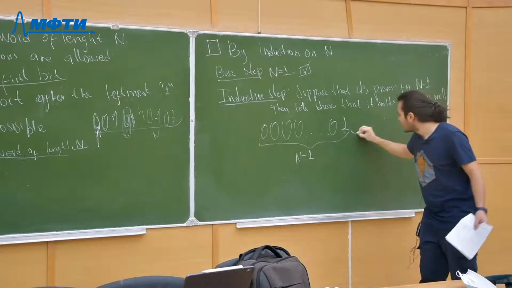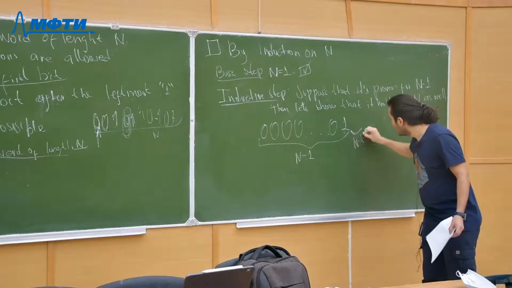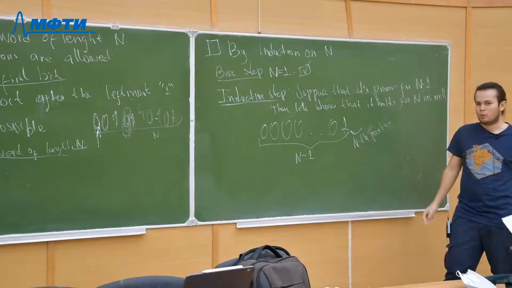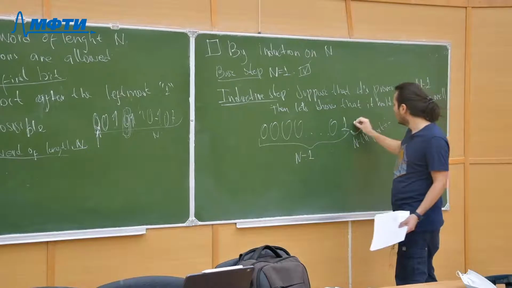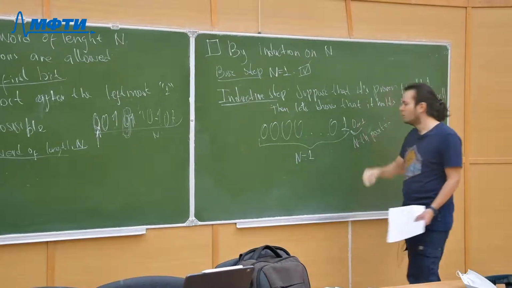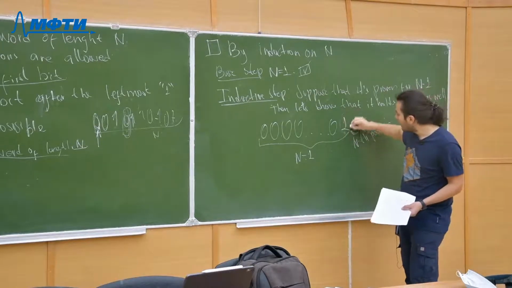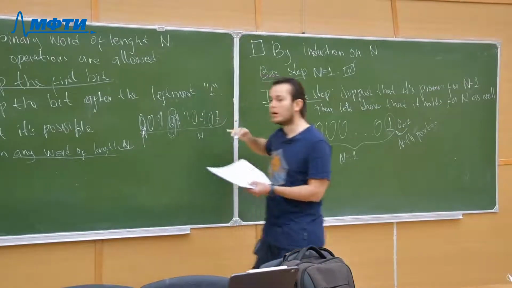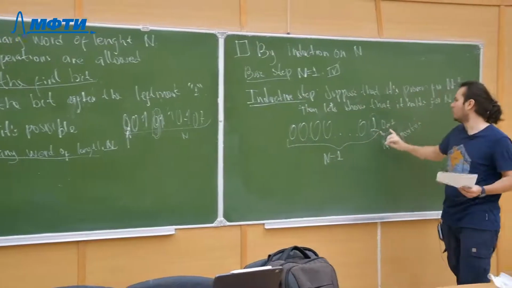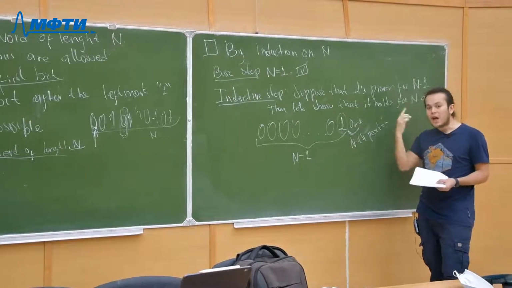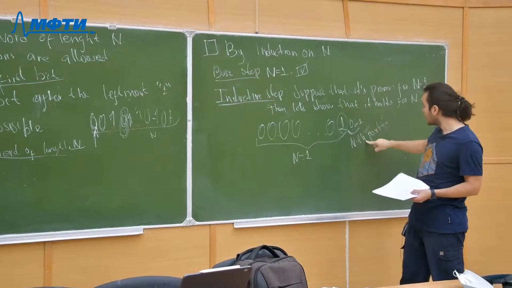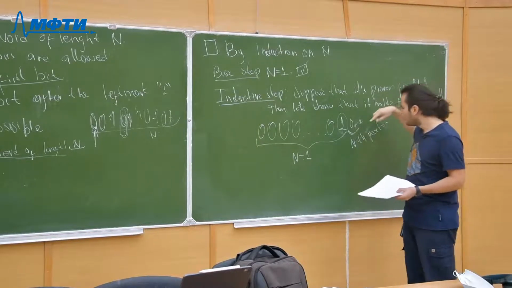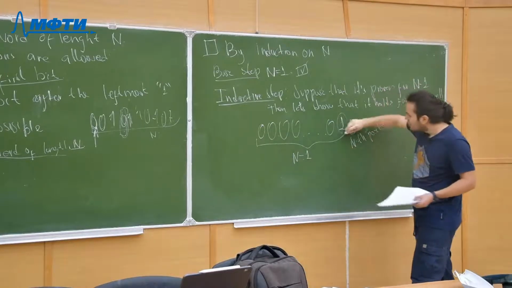Then in the nth position, we can put any number we want, 0 or 1, because this one is the leftmost one. So we can flip this value from 0 to 1 as we want. Now in the nth position, we can obtain any value we want. And now we have to apply this logic to this thing here.